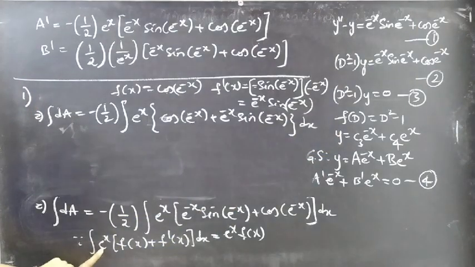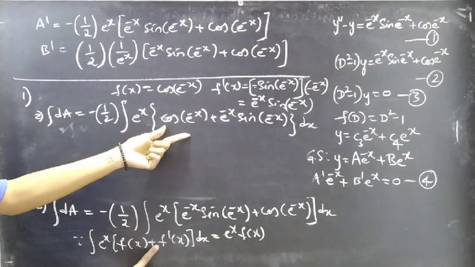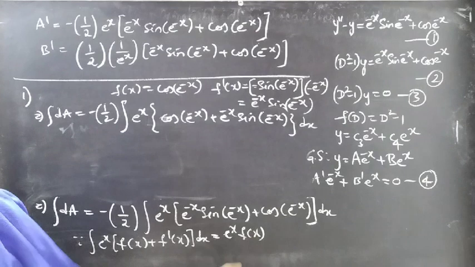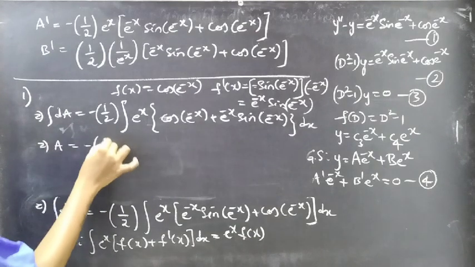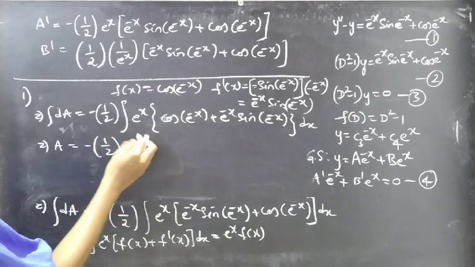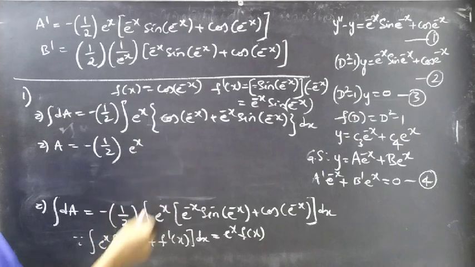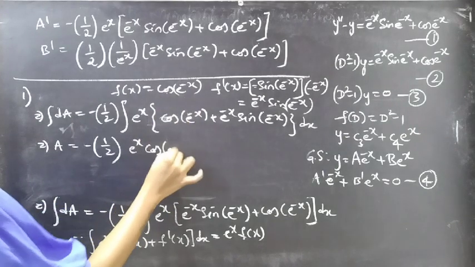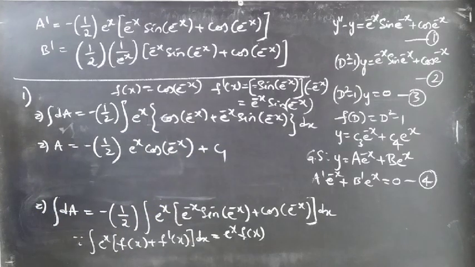Since the integral of e^x (f(x) + f'(x)) dx is e^x f(x), we get integral dA equals -1/2 times e^x f(x), where f(x) is cos(e^(-x)), plus an integral constant, say c1.